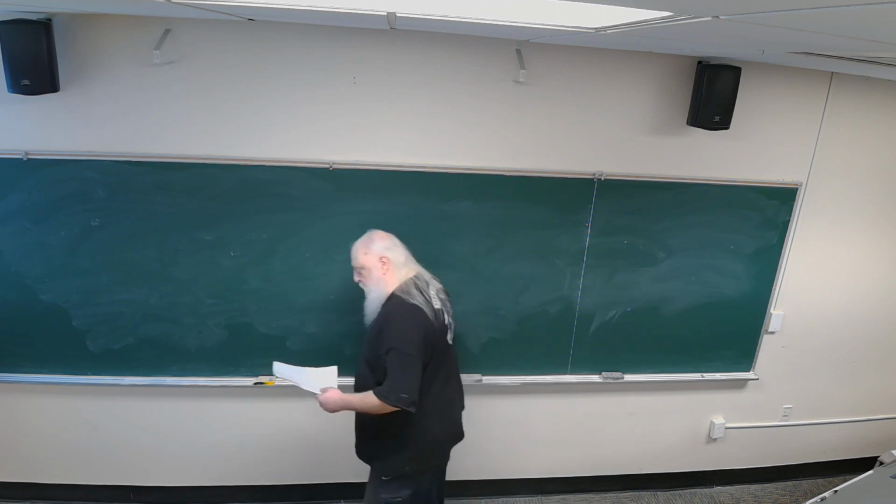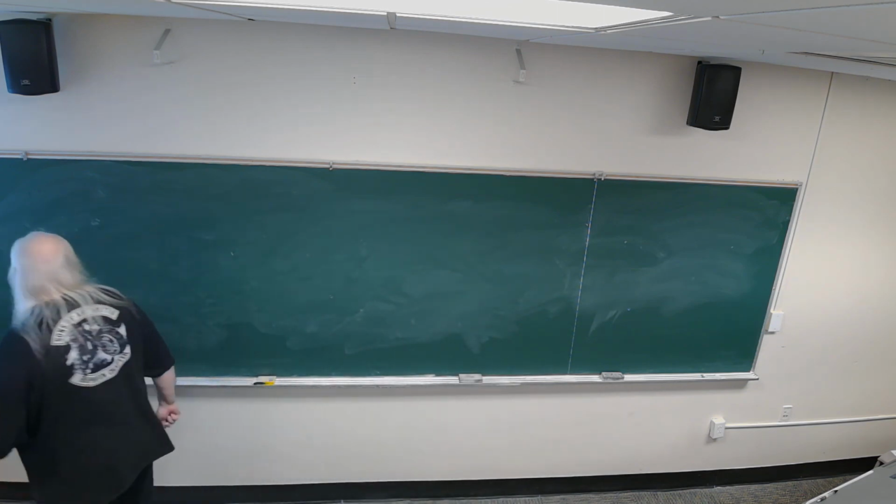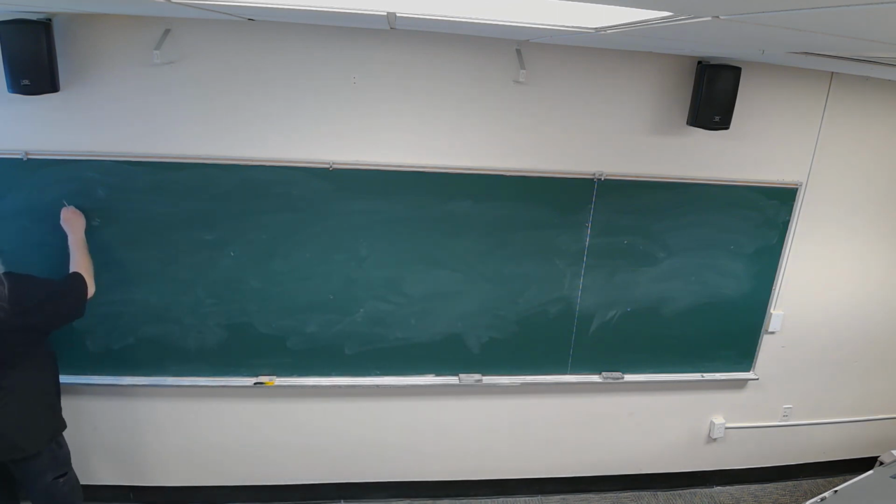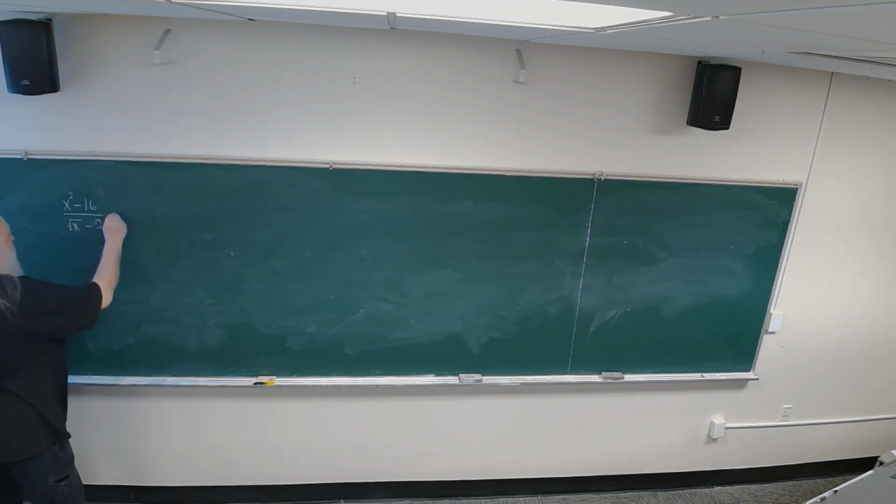All right. So in the first example, we're going to rationalize the denominator of x squared minus 16 over the square root of x minus 2. Again, rationalize the denominator means getting rid of the square root in the denominator.